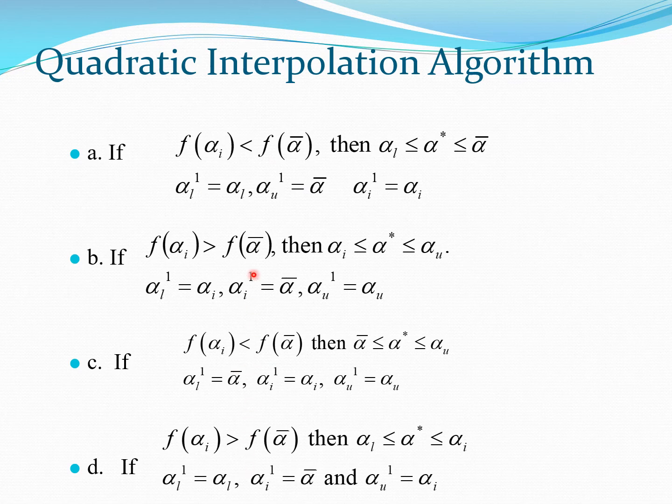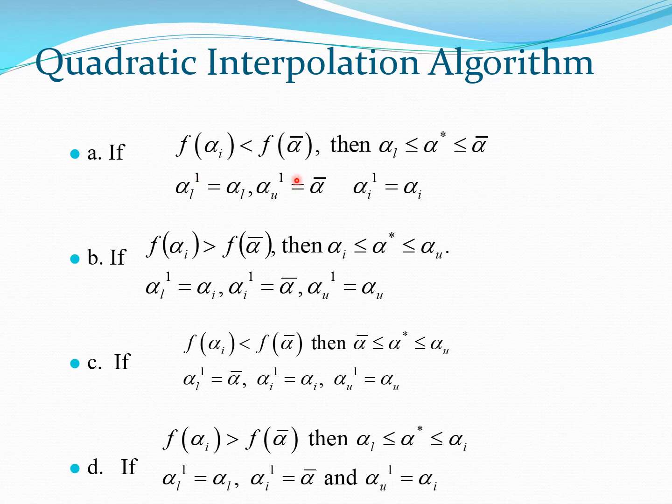Just like in the graph, there are four possible cases. Each case depends on the function value comparison you make, and you also make a comparison of where your possible alpha star, the optimal point of the function, lies. In certain cases, if it lies between L and alpha bar and the function value f of alpha I is less than f of alpha bar, then you take the lower bound as L, you take the higher bound as alpha bar, and the intermediate point is the intermediate point.